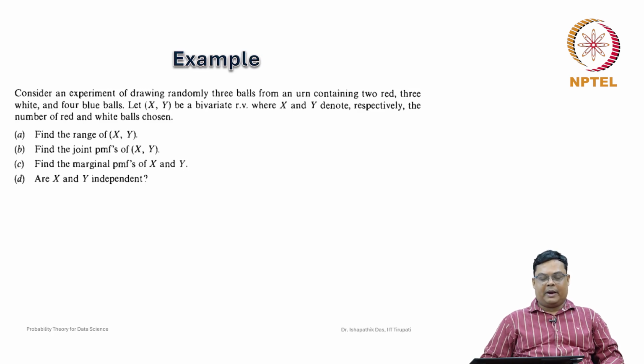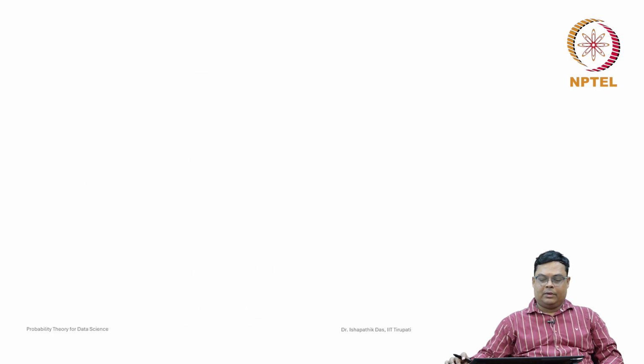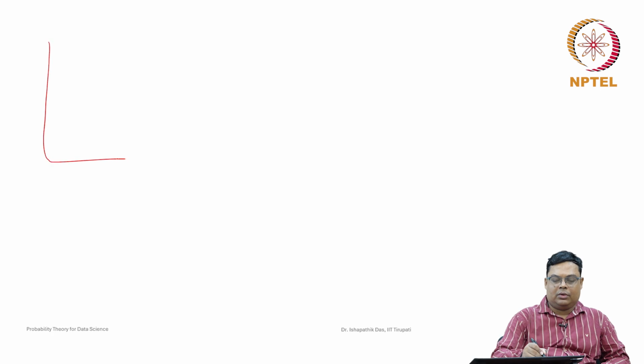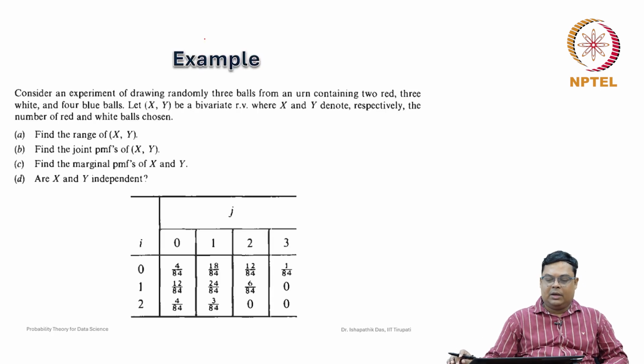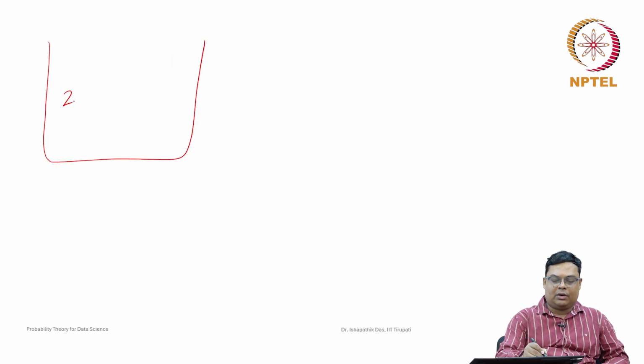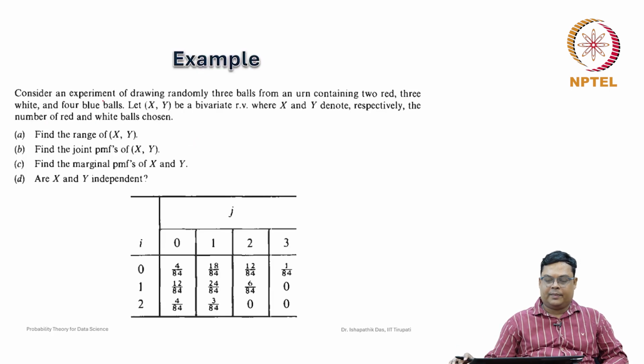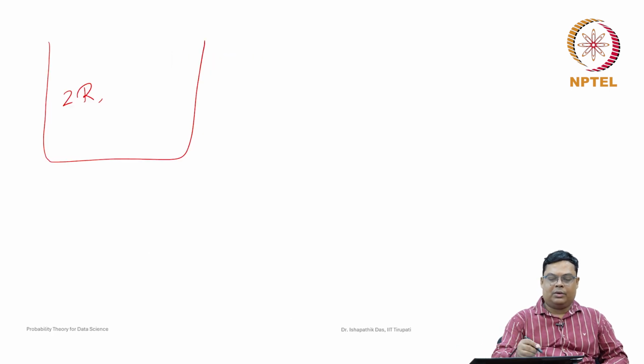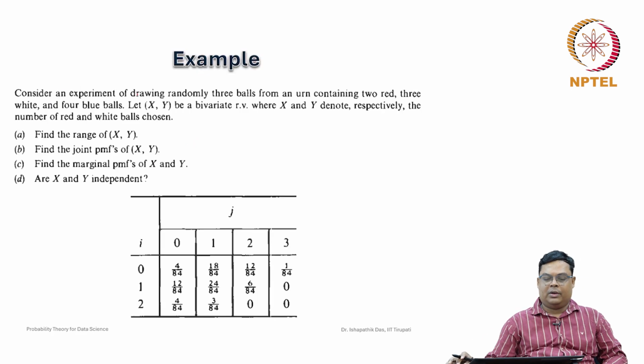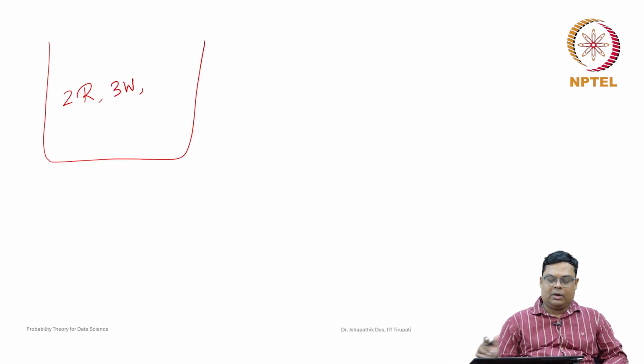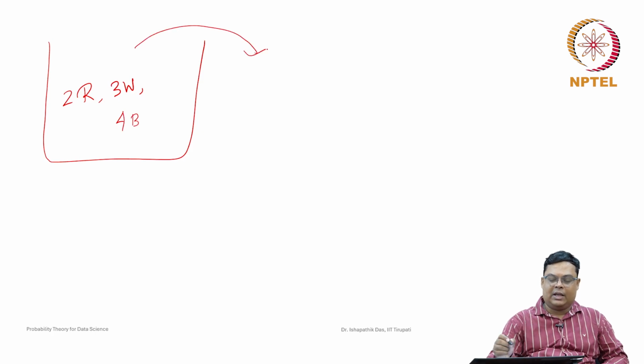So, basically there is an urn, containing 2 red balls, 3 white balls and 4 blue balls, and it is randomly mixed and the balls are equally likely to be drawn.